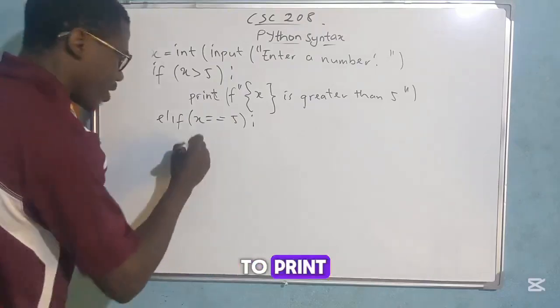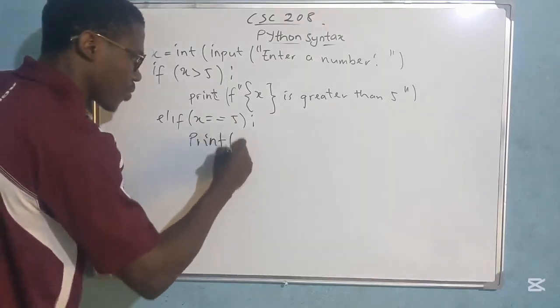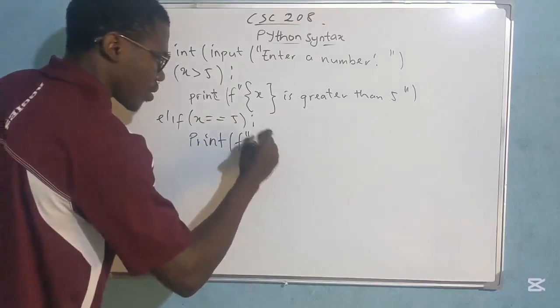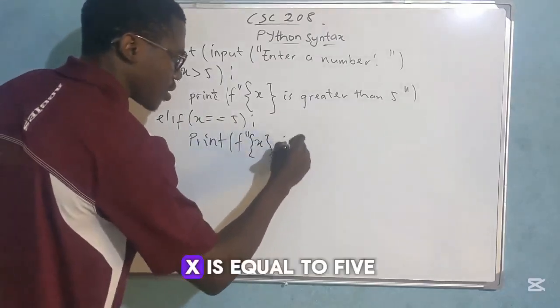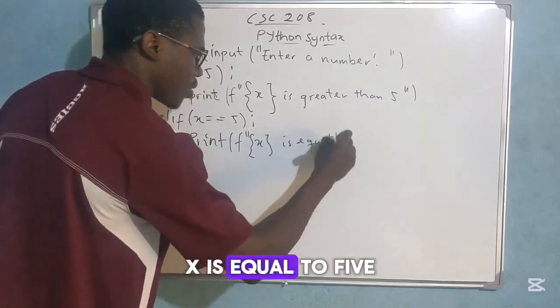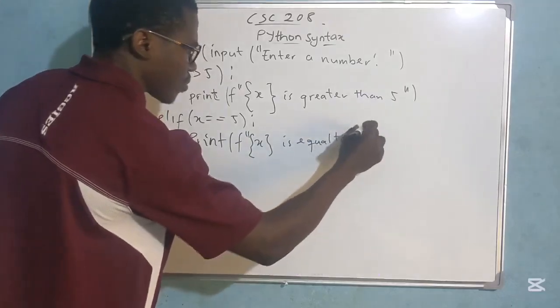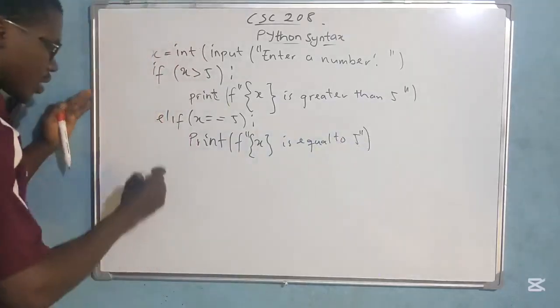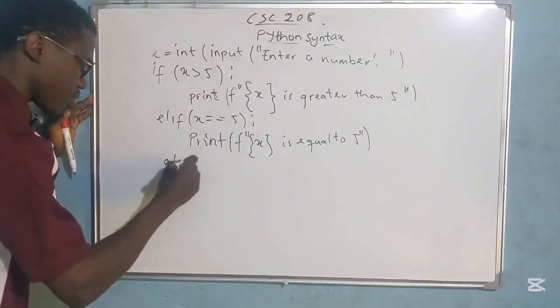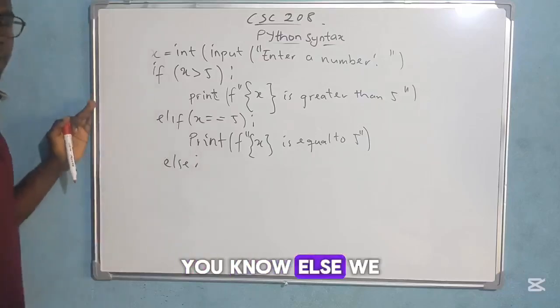Okay. So here I'm going to print x is equal to 5. Else, we don't need to specify.